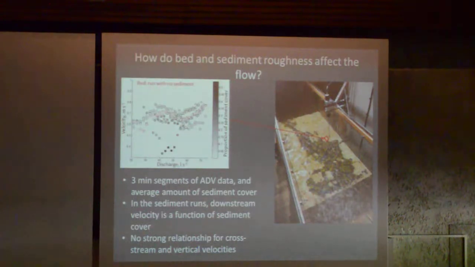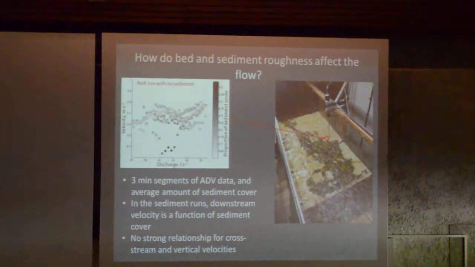And so what we did was, for all the runs, we calculated the amount of sediment that was within that area of the bed. This plot shows the discharge, and this is the downstream velocity measured by the ADV. The ADV data was split into 3-minute segments, and this is the average discharge during each of those 3-minute segments.